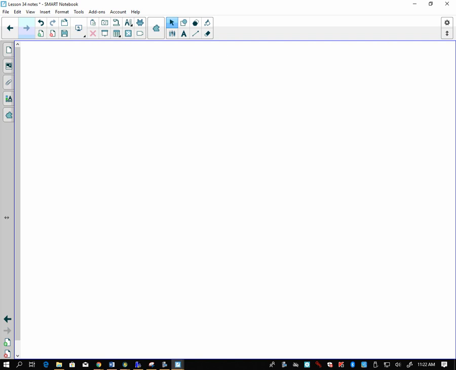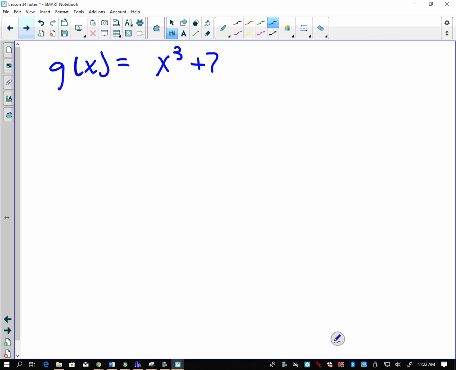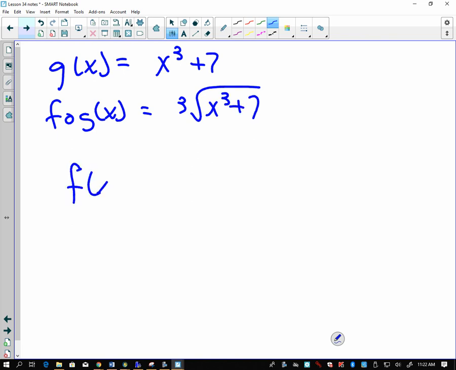Okay, I think I've got time, which is number 7. Find f. We have g of x equals x cubed plus 7. Is this the same? Well, it's kind of similar. F of g of x equals the cube root of x cubed plus 7. So what is f of x then? What would f of x have to be?